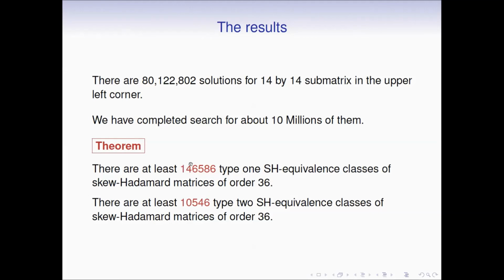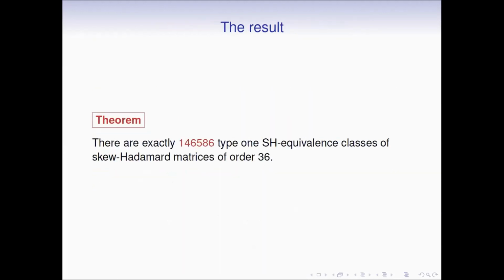If you look at this number, 146,586, it is just exactly the same as this number in this theorem, which was the complete classification of type 1.